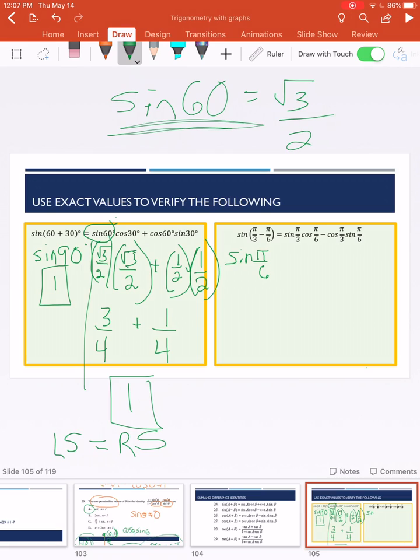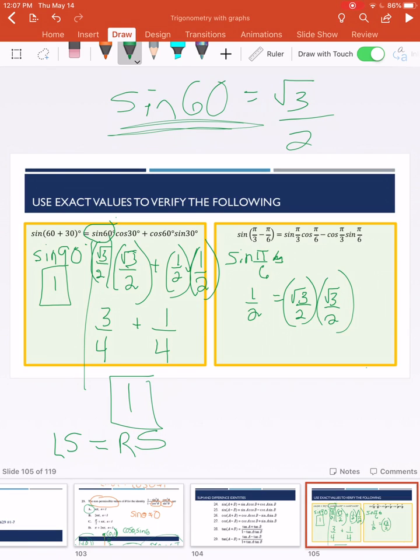So on my unit circle, what is the ratio when sine is equal to pi over 6? 1/2. And now I'm just going to use my unit circle to fill in these ratios. So I'll skip ahead. Sine pi over 3, my ratio equivalent is root 3 over 2. Cos pi over 6, the ratio is root 3 over 2.